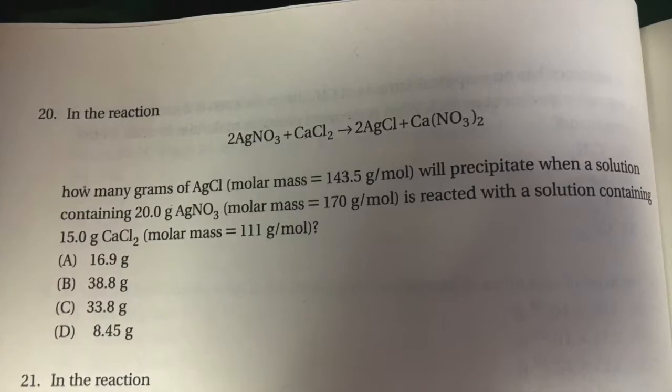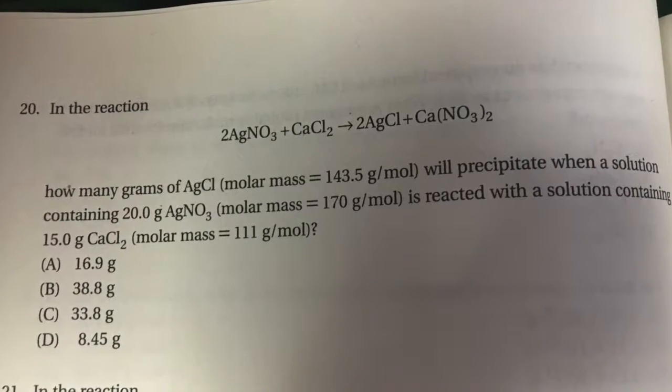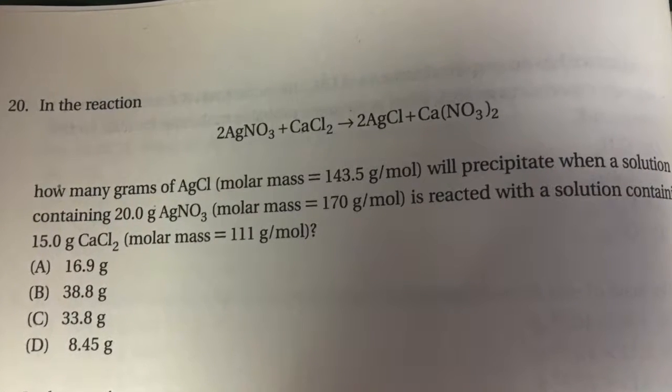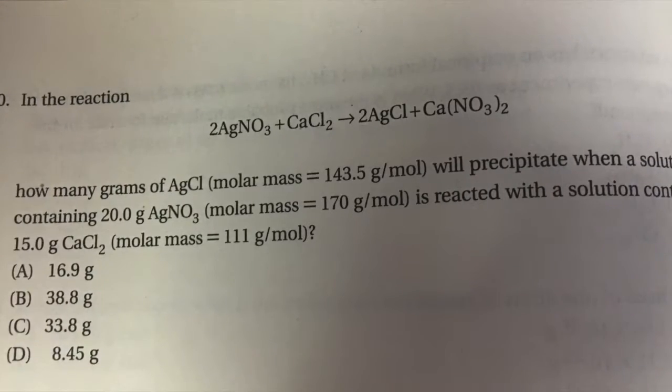And the last question is about how many grams of HCl will precipitate in a reaction. Okay, in this question, we need to know how many grams of HCl, the amount of the product.